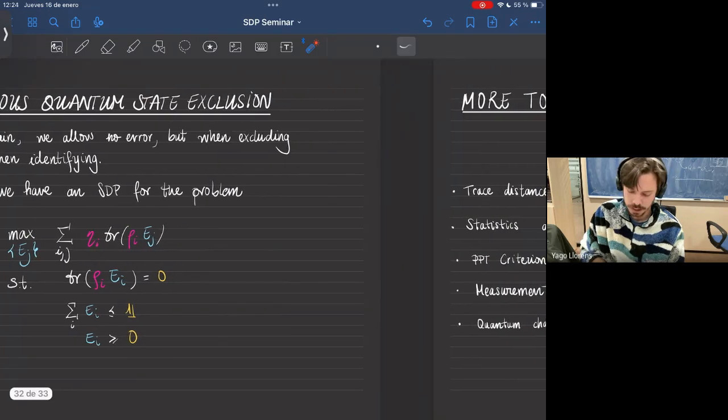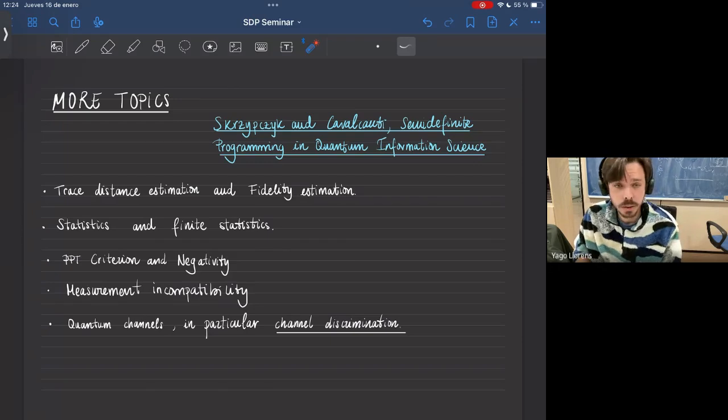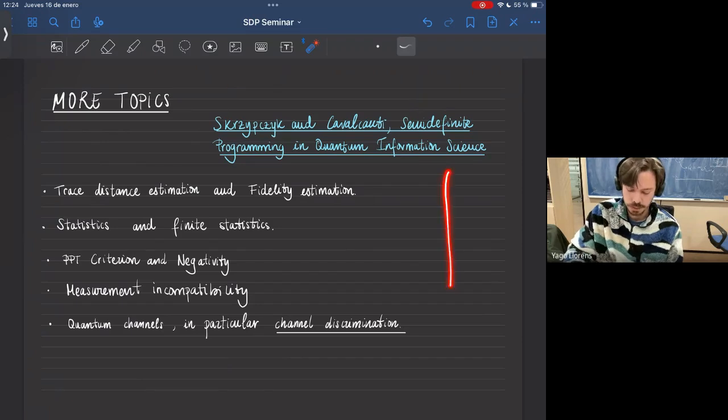I don't know if I have something more. Yes, to finish, I will mention that if you read this book, it's fairly good. It goes straight to the point, and it gives you a lot of examples, not in too much detail, on why SDP is important in quantum information. It gives you a bunch of topics that work with semi-definite programming.